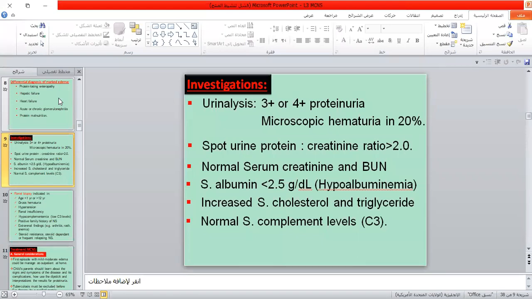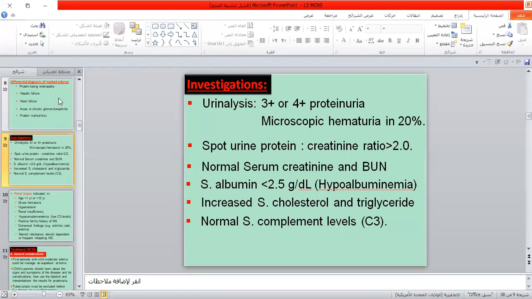Increase serum cholesterol and triglyceride, serum cholesterol more than 250 milligram per deciliter. And I must have normal serum complement level, C3. This C3 is very important to differentiate between minimal change nephrotic syndrome and other types of glomerulonephritis, especially post-streptococcal glomerulonephritis.